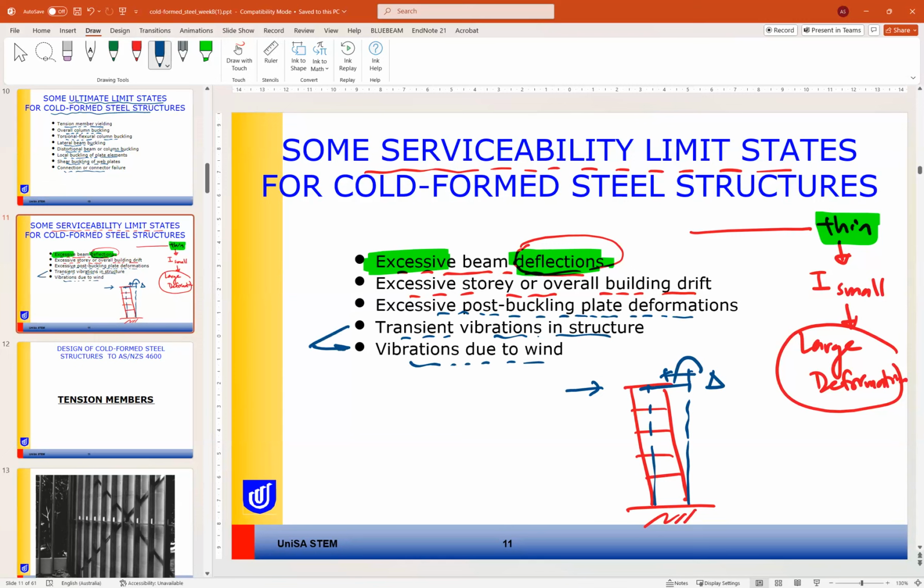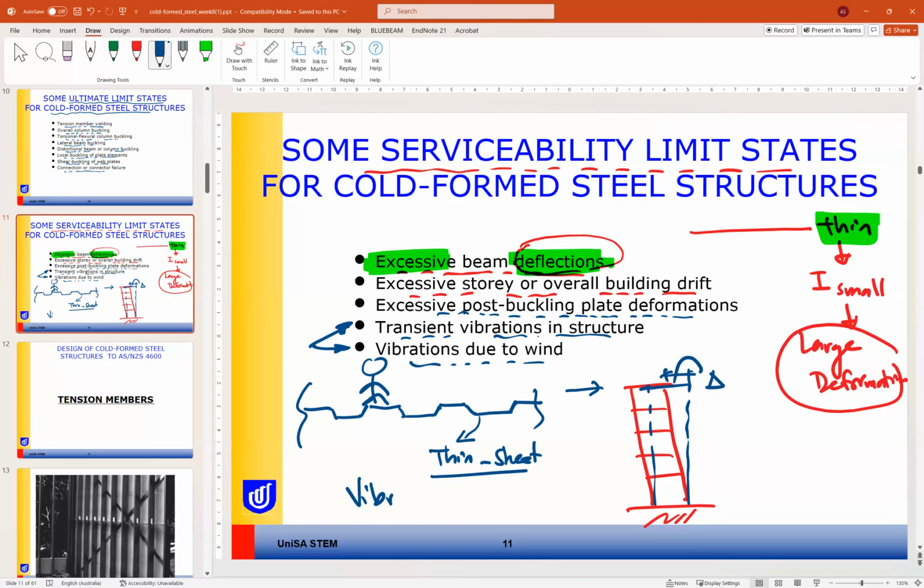Again, due to the thin wall. For example, if you are designing a slab or sheet and we have live load on this sheet, whatever the load, due to this thin sheet or thin plate, the vibration will be critical in this case, because if you have thin members, the vibration will be more critical or more worrying to the people using this facility or this structure.